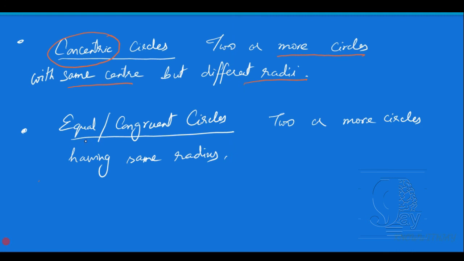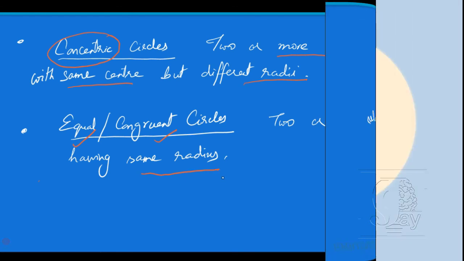When we have two or more circles whose radius are equal, they are known as congruent circles or equal circles. That means if you superimpose one circle onto another, they completely cover the other circle. So they have the same radius.